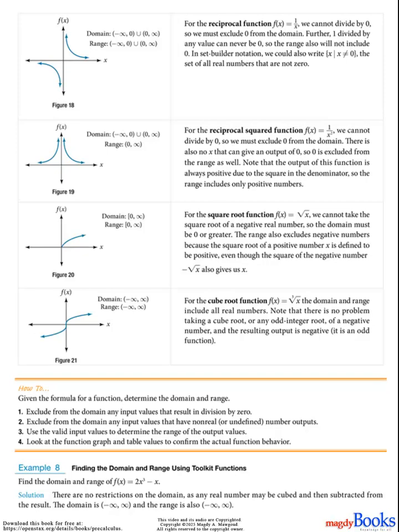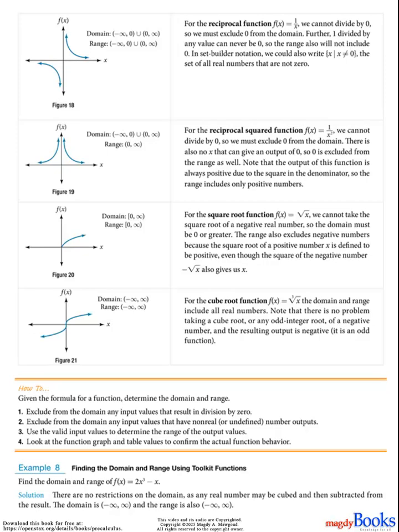Further, 1 divided by any value can never be 0, so the range also will not include 0. In set builder notation, we could also write {x | x ≠ 0}, the set of all real numbers that are not 0.